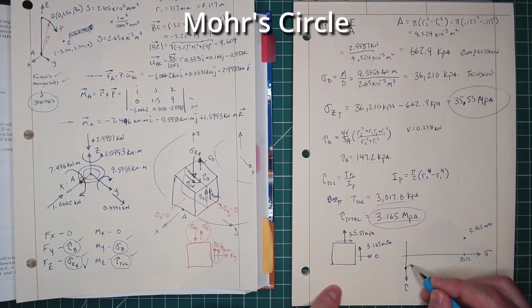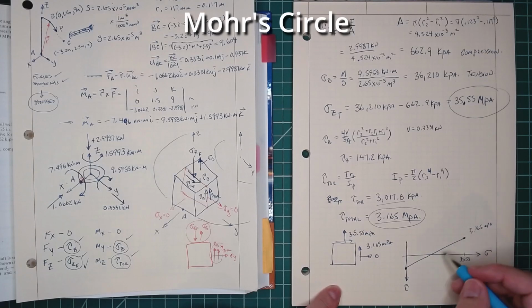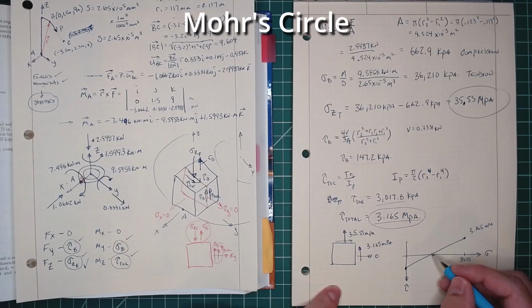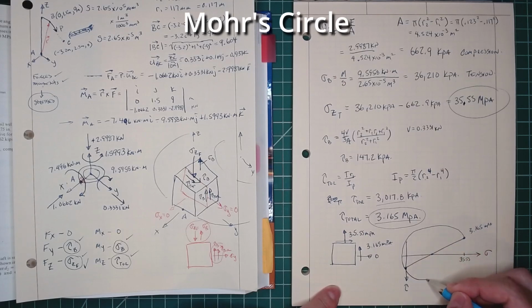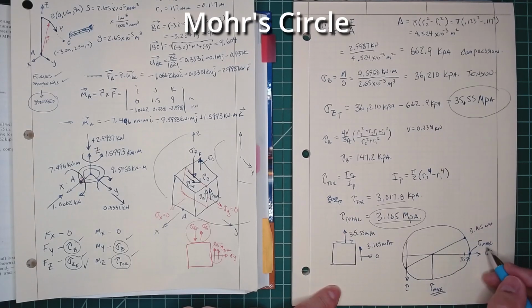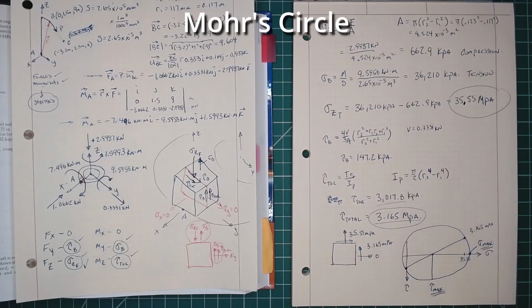We can then draw our line for our Mohr circle. We have our center, and we can draw our Mohr circle here. We find that this point is our sigma max, and this distance here is our tau max, and those are the two values that we are going to solve for.